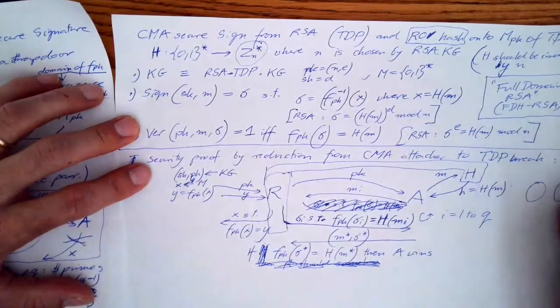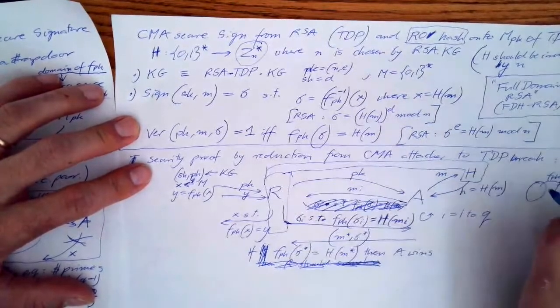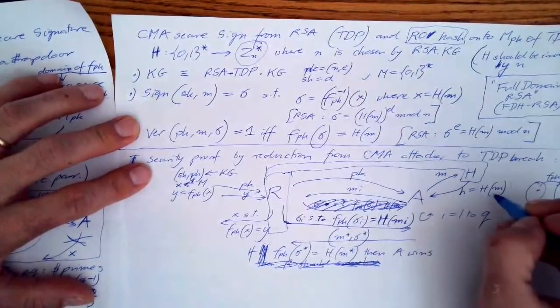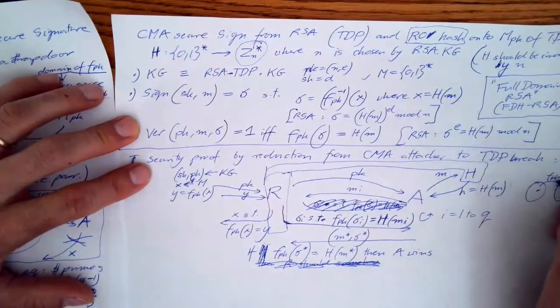So here is the F_PK function. The reduction will pick a random x and program hash of m to be the value of the permutation on the output, on f of x. Will it be a random point in the domain? Yes, because the reduction will pick a random point here, and this is a one-to-one function. So choosing a random x and outputting F_PK on x samples a random point here.